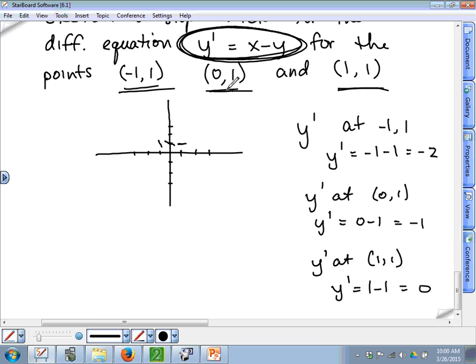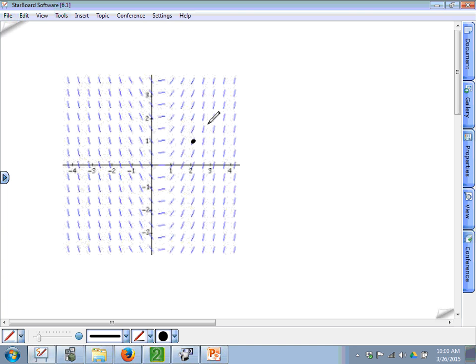You have to have one point to find a particular solution. On this picture here, the general slope field just represents the general solutions to a differential equation. If you locate a particular point, you can then start to sketch a particular solution by following the slopes of all these lines through it.